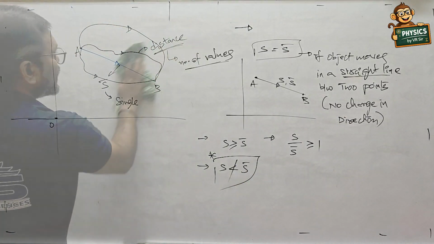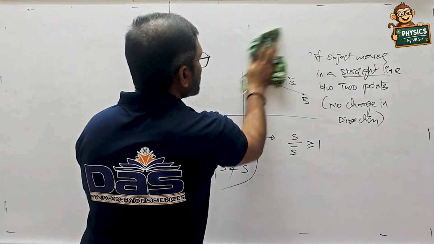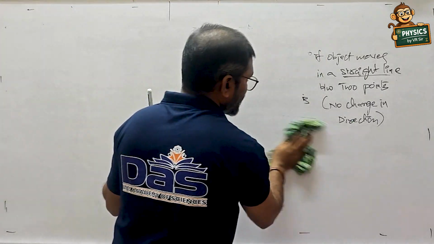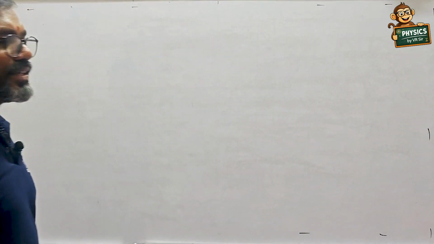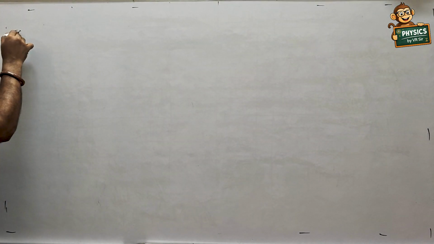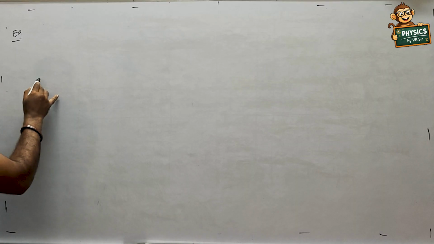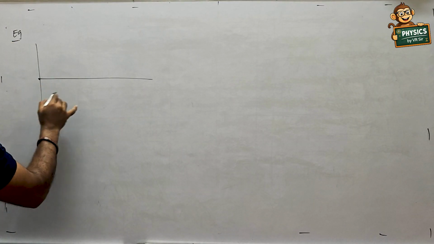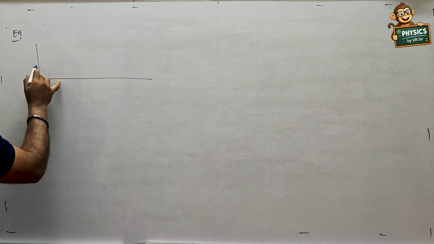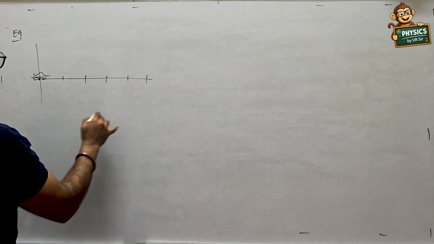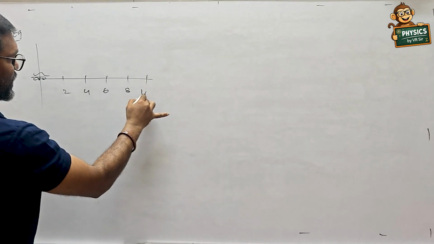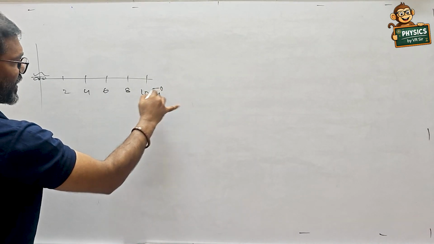Let's focus on some numericals related to distance and displacement. Example. Now here is an object or a vehicle moving from here. So this is 2, 4, 6, 8, 10 meters, we can say.